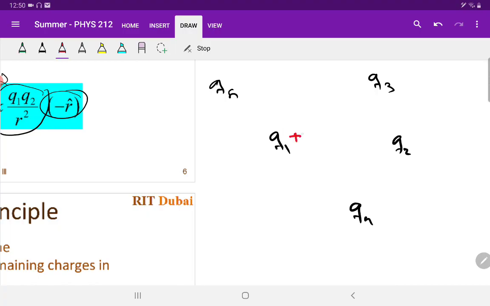Let's assume this one is positive, this one is positive, and this one is positive, and the other two, this one and this one, I can consider negative. Again, keep in mind, I want to see what is the force acting on Q1, the net force, F1 net.